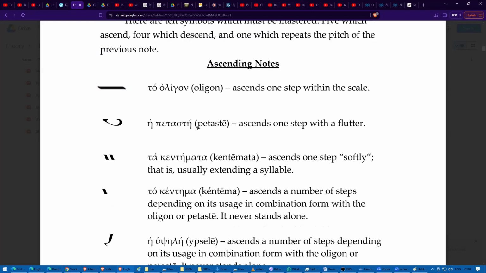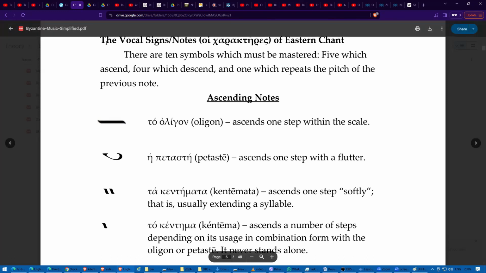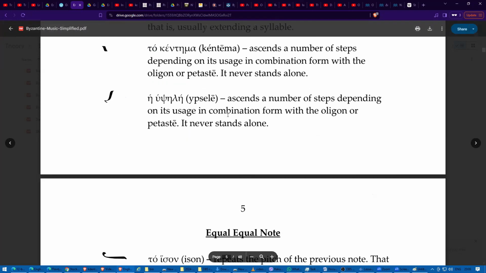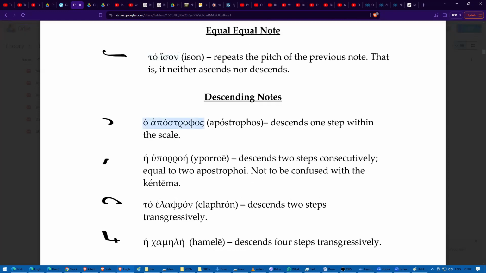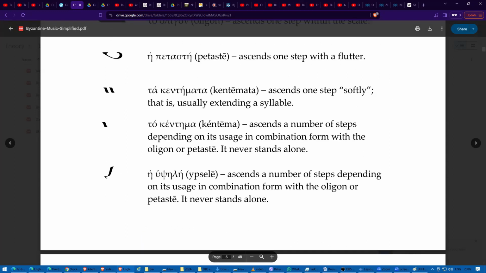And we did the characters or the symbols in this book here. They're also called vocal signs, notes. And we did the oligon, we did ison, and we did the apostrophos. And we mentioned that the oligon ascends by 1 note.